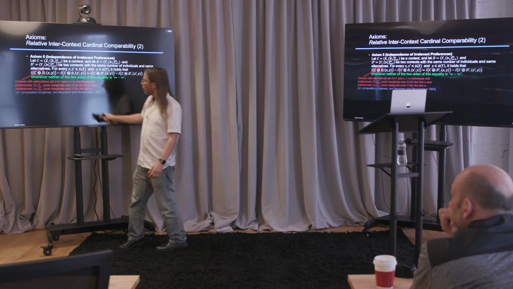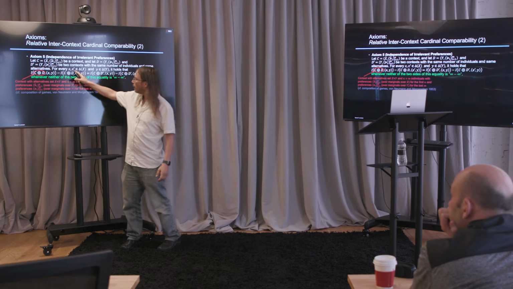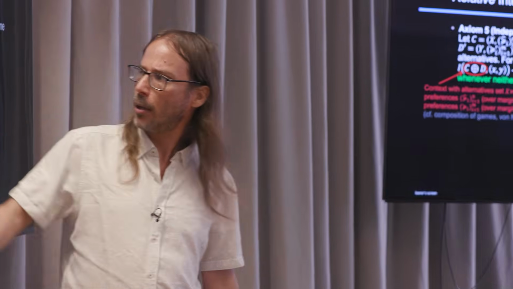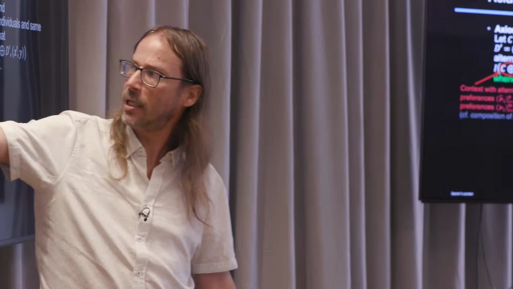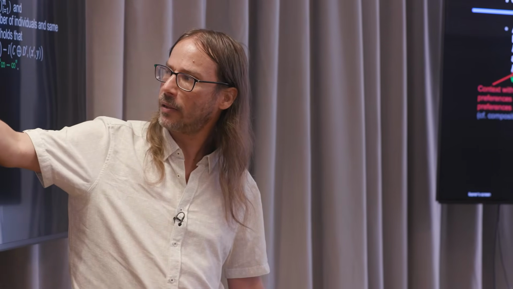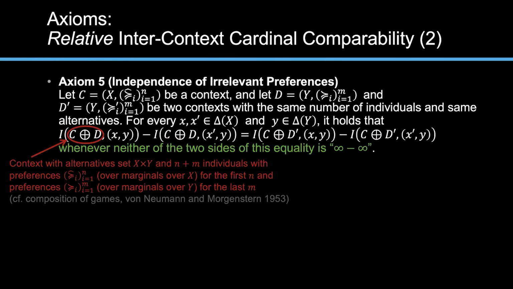So we're going to say the following. Take the same one alternative in Y and two alternatives X and X prime in X. In C composed D, take a look at the difference in inefficiencies between (X, Y) and (X prime, Y), and in C composed D prime, with different preferences over the Y component, take a look at the difference between (X, Y) and (X prime, Y).